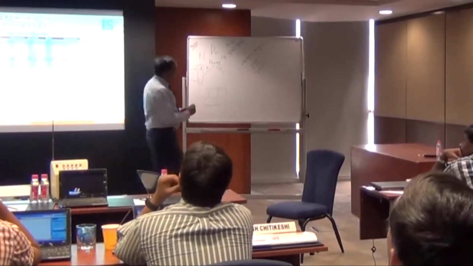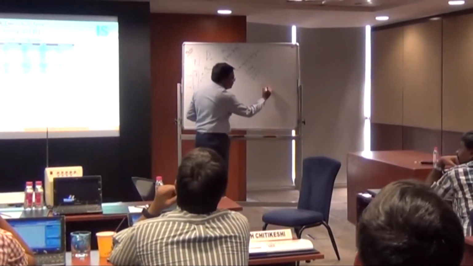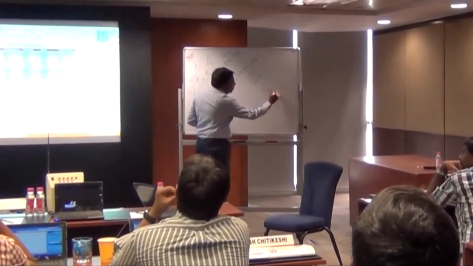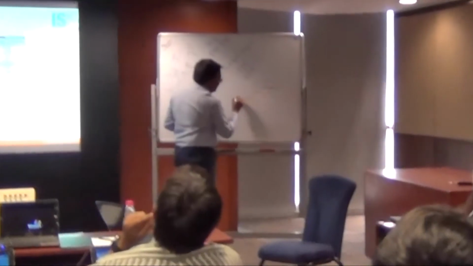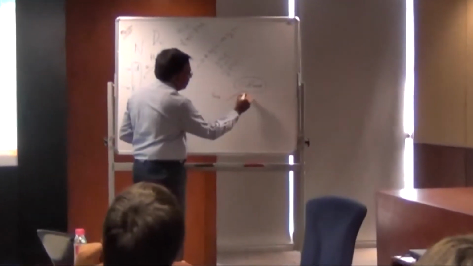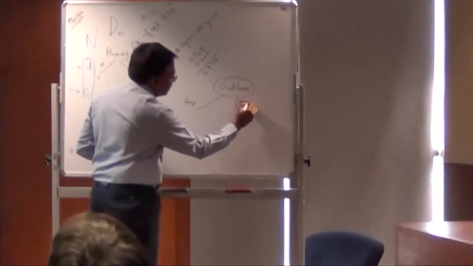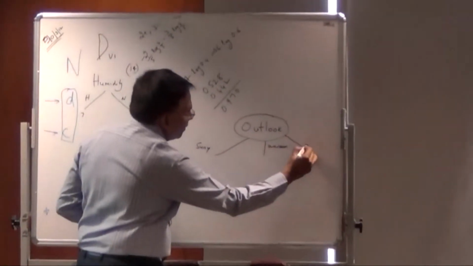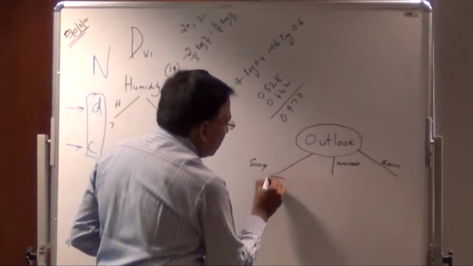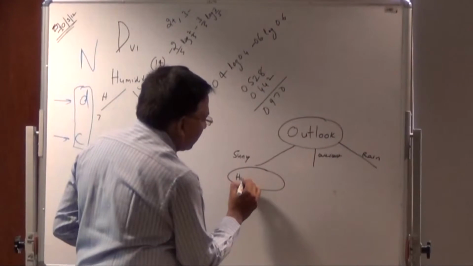So what we did in terms of the tree is first we split on outlook, and this was sunny, overcast, rain, and on sunny we did humidity.